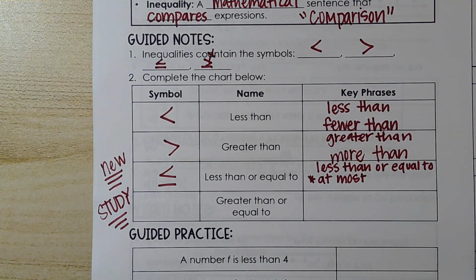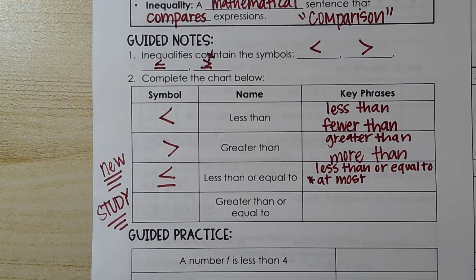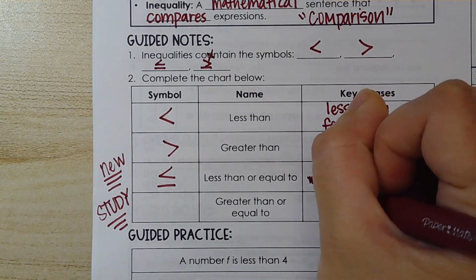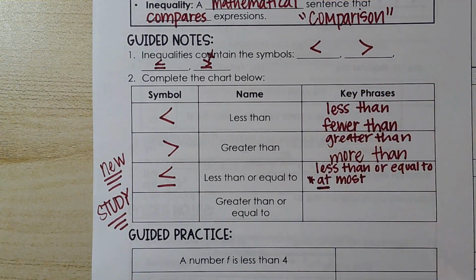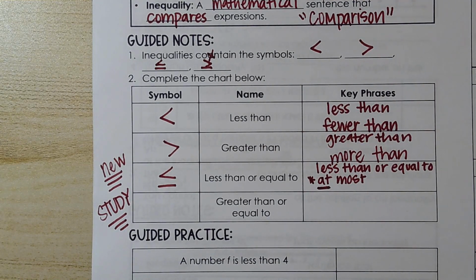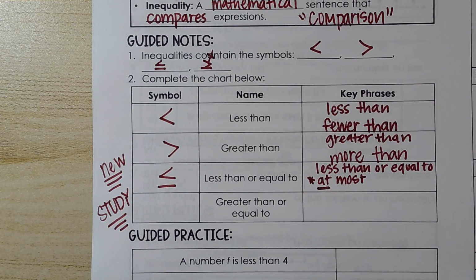Some of you are like, but Miss Jones, this is dealing with less than. Why would you write most? That should be greater than, right? But because it says this word right here that I'm underlining, at, it's telling you in our thinking that we're switching it around. At most, it can't go past this, so it has to be less. So at most means less than or equal to.